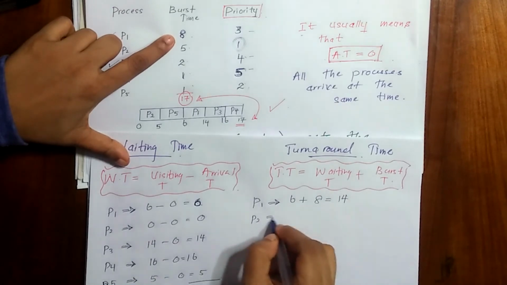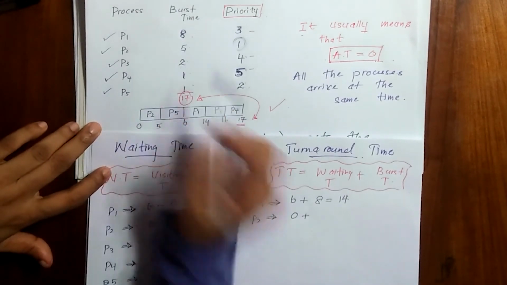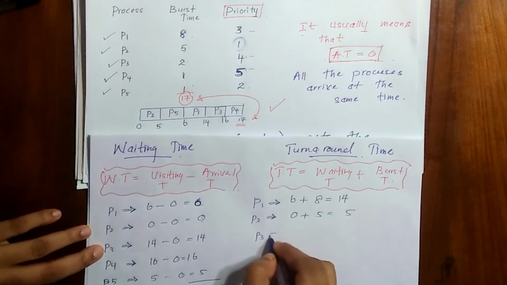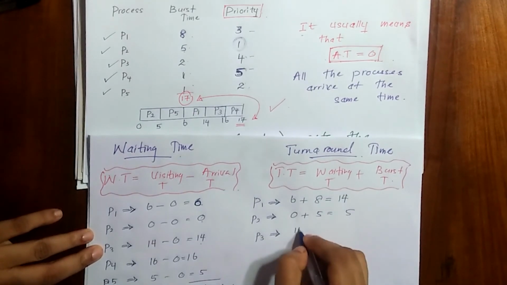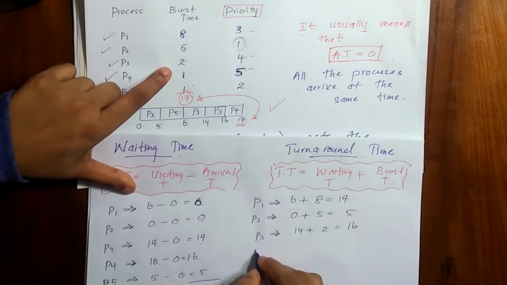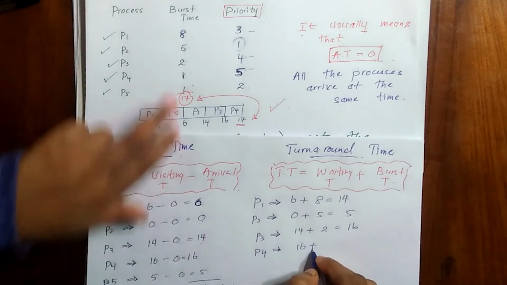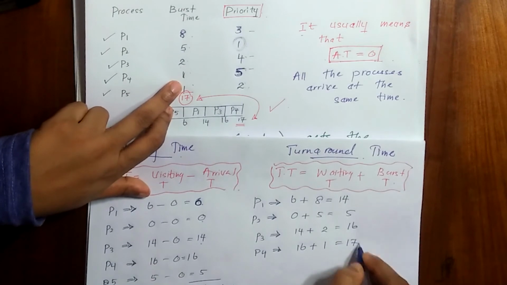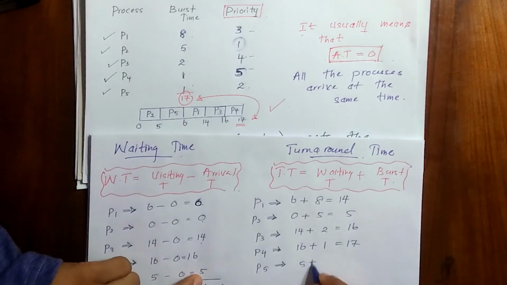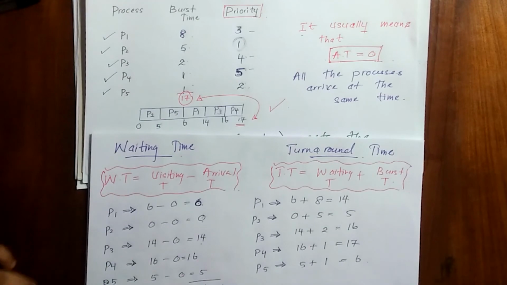Then P2, 0 plus 5, again 5. Then P3, it is 14 plus 2, 16. P4, 16 plus 1, 17, and finally P5, 5 plus 1, again 6, right?